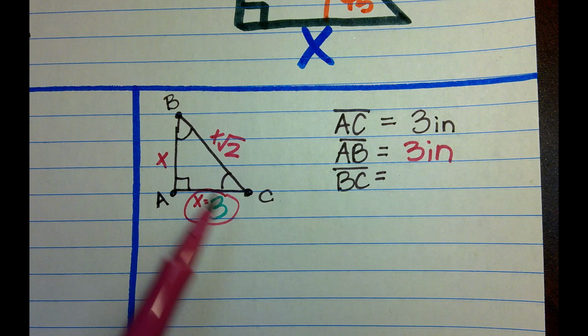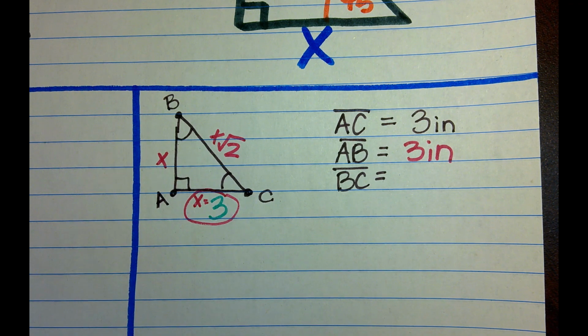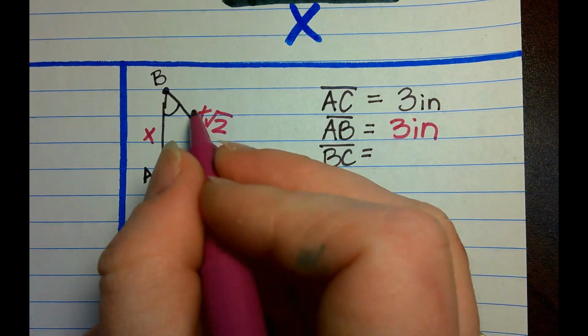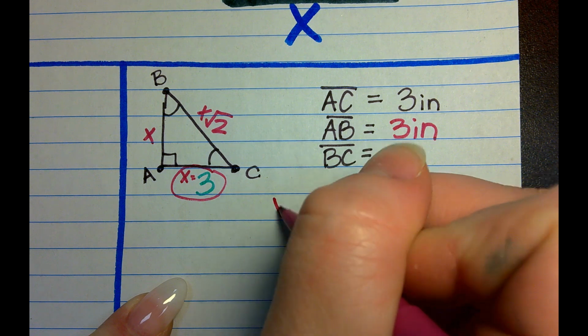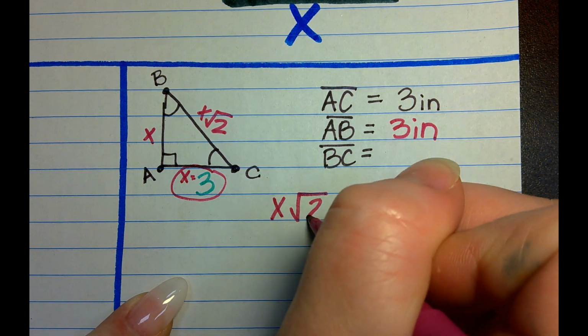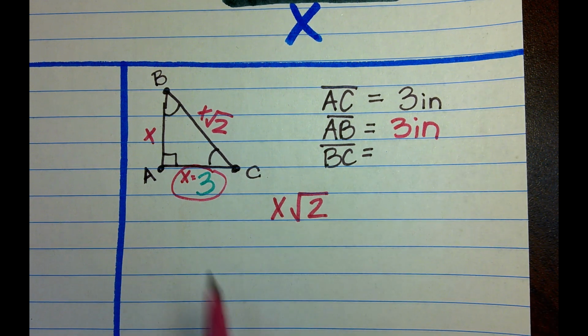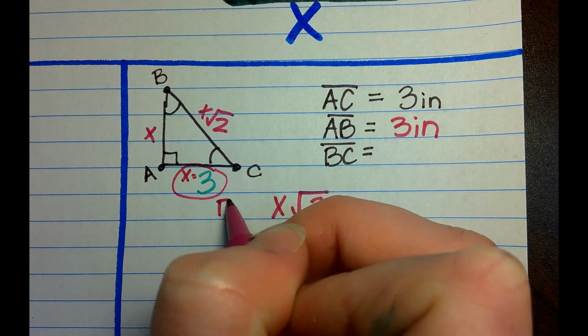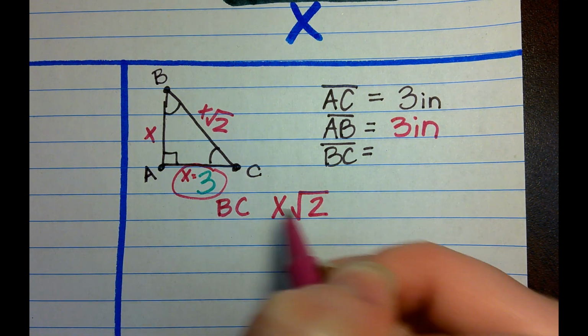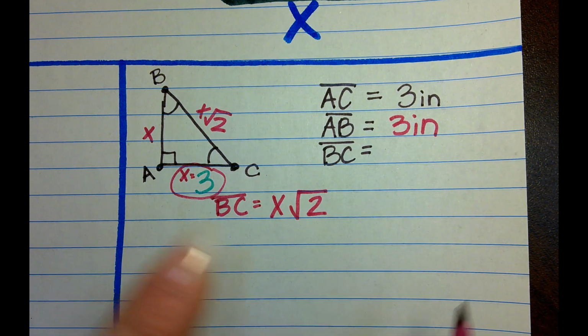Okay. Now I need to find BC. So BC is x times radical 2. Do I know what x is? Yes, so it'll be 3 times radical 2. Here's how we do that.